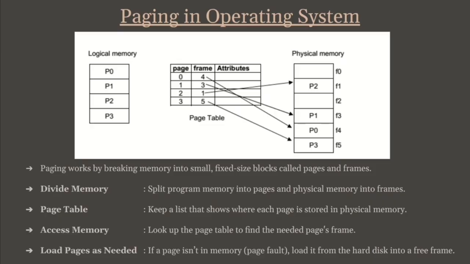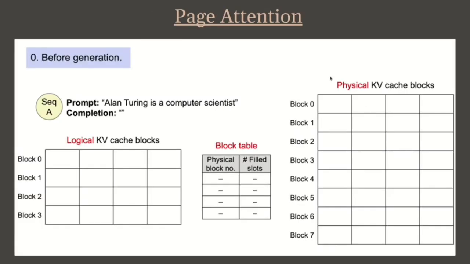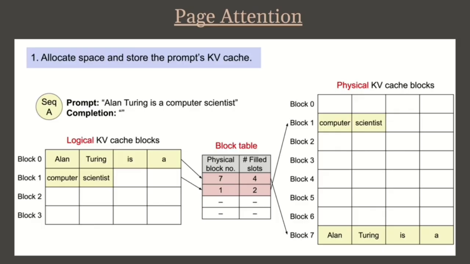So that's the mechanism of paging in OS, and we use this mechanism when we store the key value cache in our memory. That's called PagedAttention. Let's look at that. So here we can see how it looks before generation, and we have our prompt, which is "Alan Turing is a computer scientist". Just like paging in OS, we have logical KV cache blocks, physical KV cache blocks, and a block table. First we allocate the space and store the prompt's KV cache.